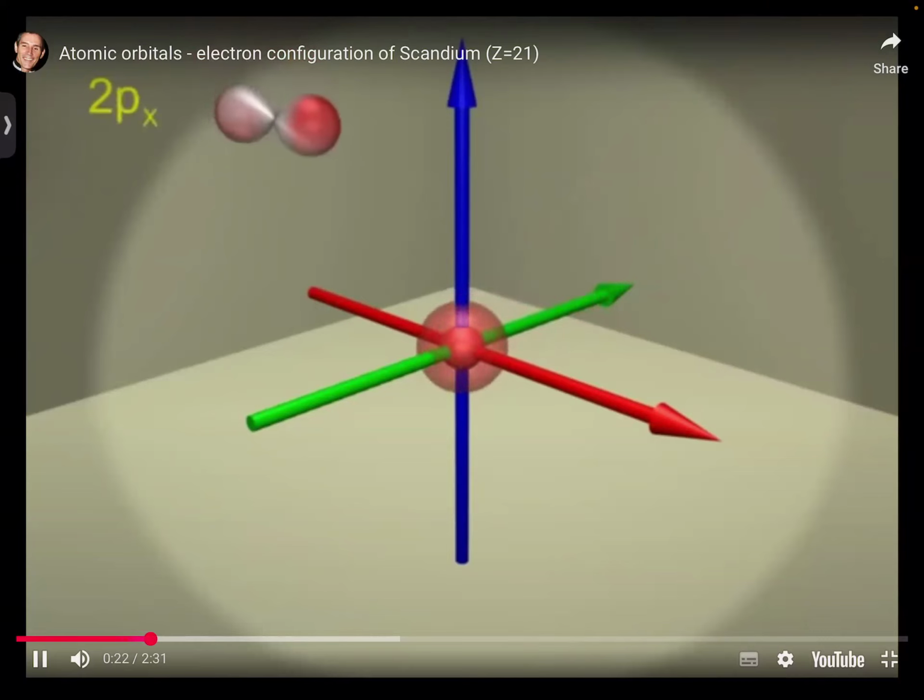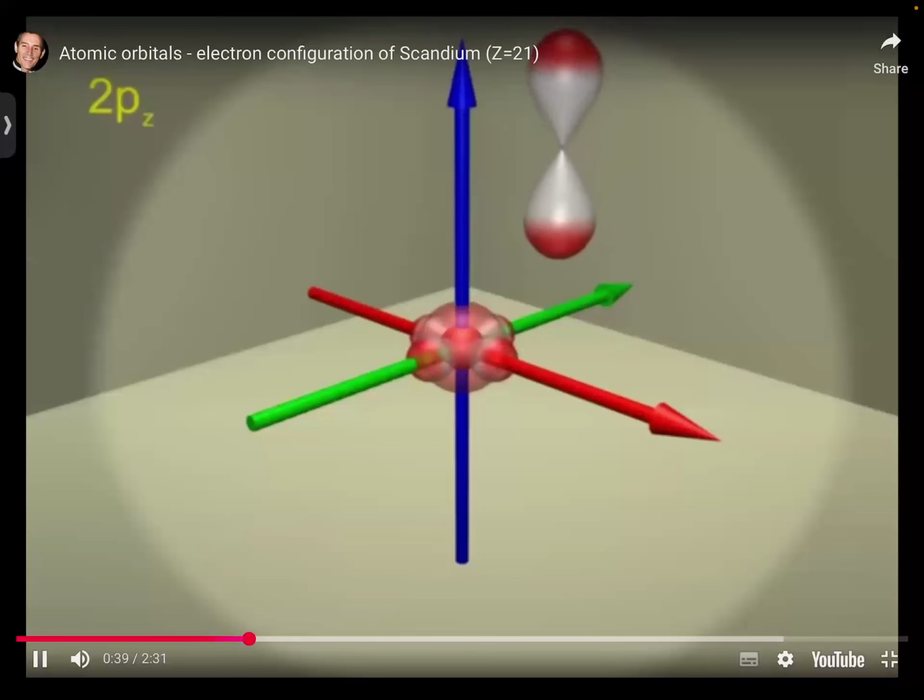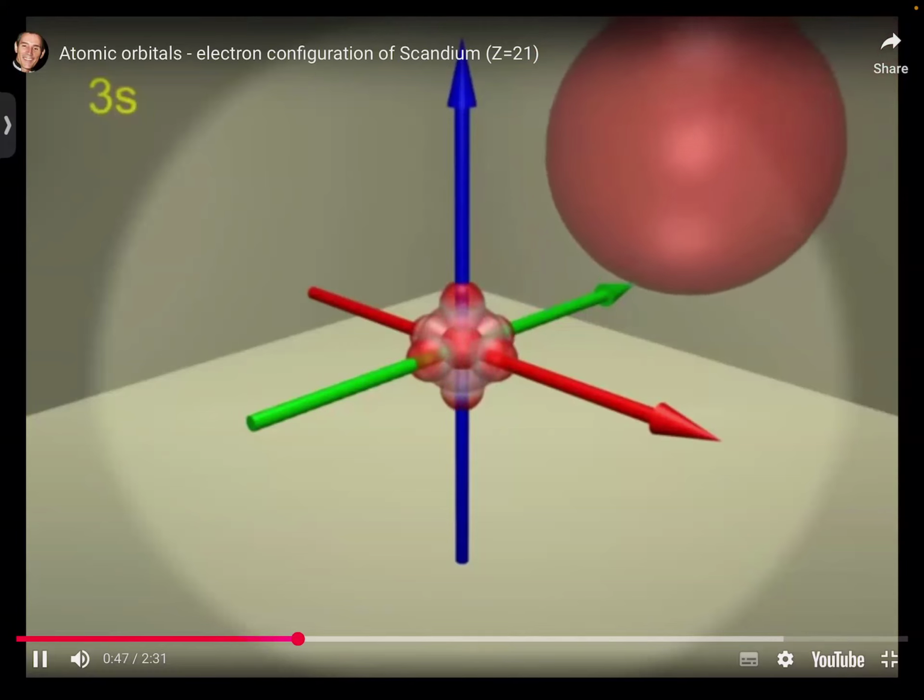First it was 1s and then 2s. And now look, the 2px, 2py, and 2pz are all perpendicular, and they should come at the same time. But they're showing px and py separately, and it seems that they're separate. They should come at the same time. But it's okay, it's a good video. Then now it's 3s.